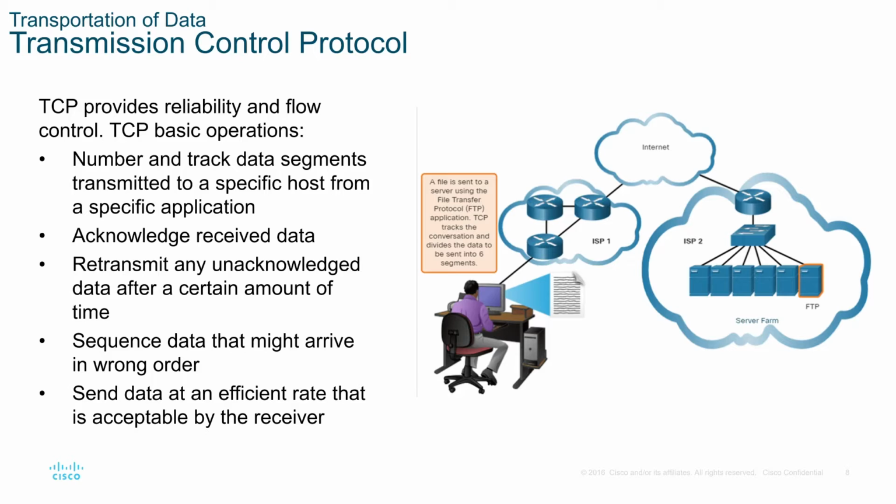They will retransmit any unacknowledged data after a certain amount of time. The sequence data that might arrive in the wrong order can therefore be reassembled. And they will send data at an efficient rate that is acceptable by the receiver by controlling the window size.